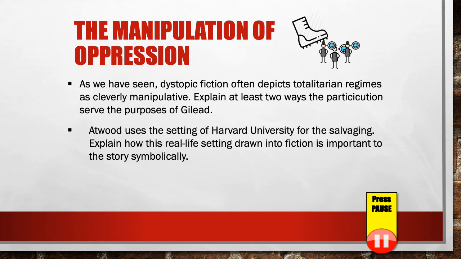They participate in it. So they are culpable in some of the more gruesome and violent aspects of the totalitarian regime. And this, of course, is the cleverness in the design of Gilead.